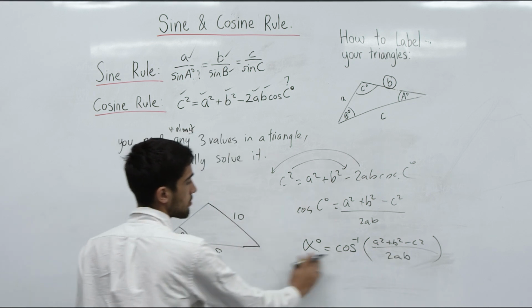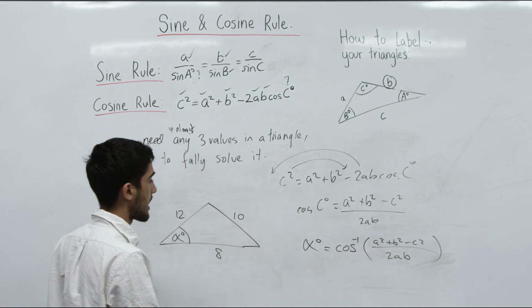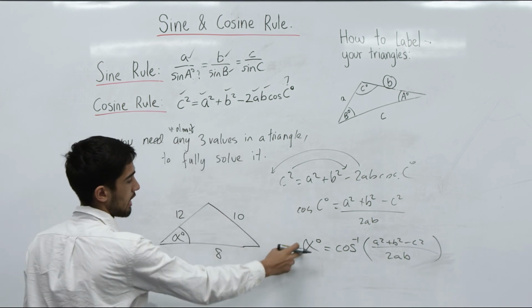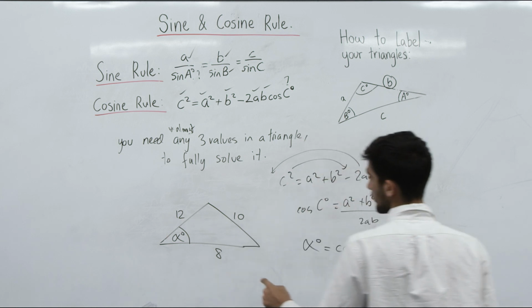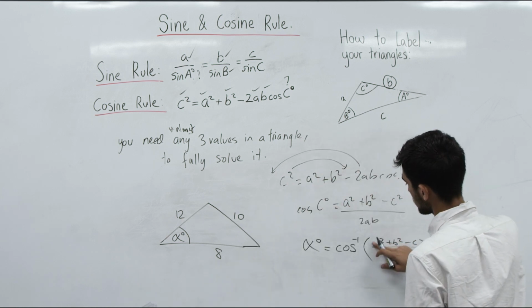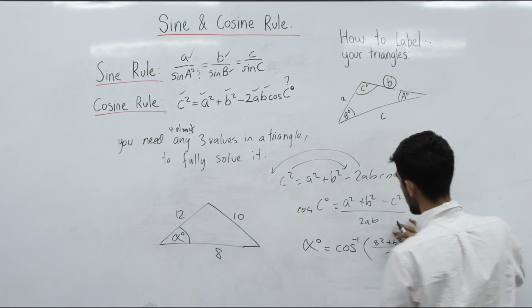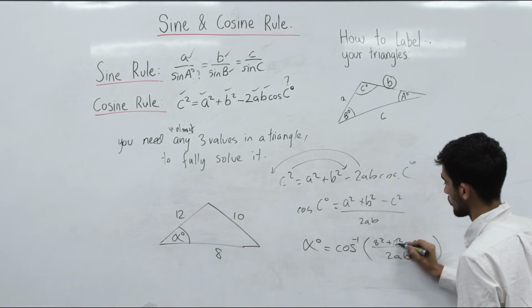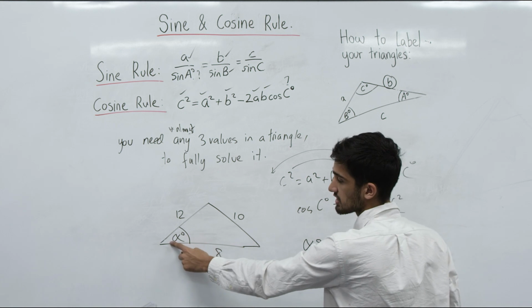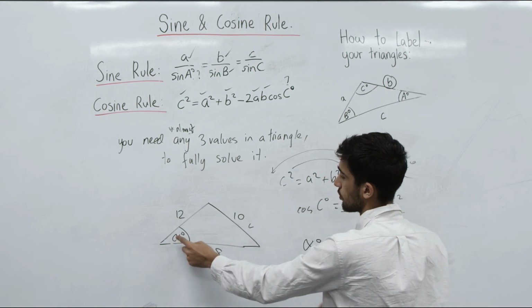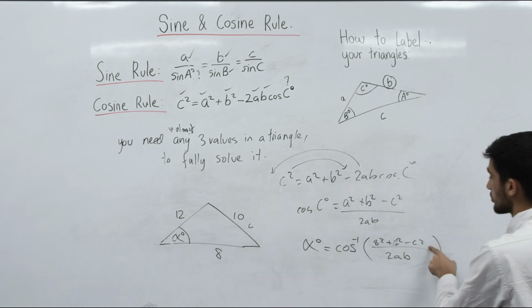And once you have this formula, it's just a simple matter of plugging in your numbers and solving for alpha. So what's A? A is 8. So it's 8 squared. What's B? B is 12. Remember, we called alpha C originally, so this is the side C. That's important. The angle has to match the side that you're subtracting.